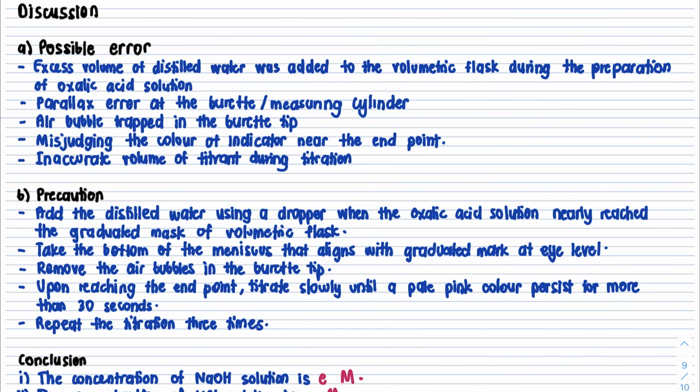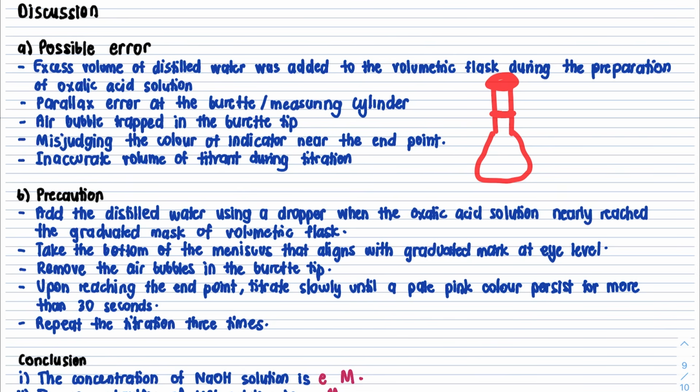For the first possible error that may occur during this experiment, it's excess volume of distilled water added to the volumetric flask during the preparation of the oxalic acid solution. We prepared the oxalic acid solution in our volumetric flask, right? So here is our calibrated mark.